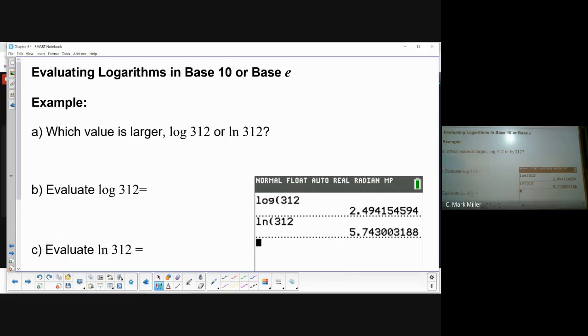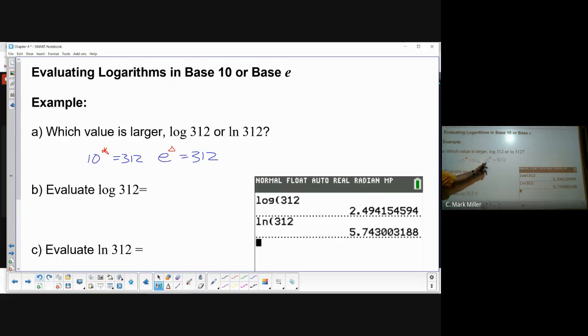So 10 to the star equals 312, or e to the triangle equals 312.